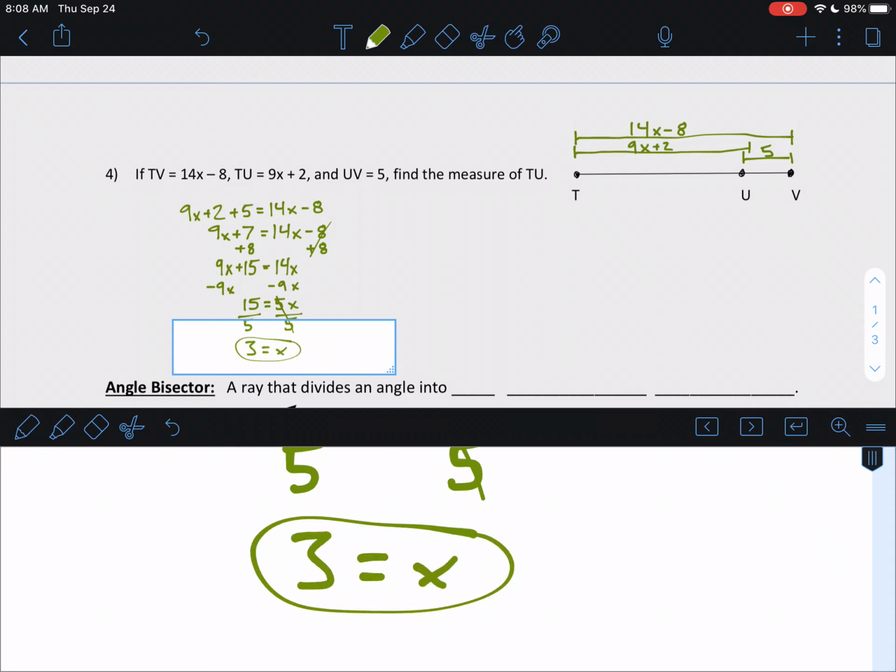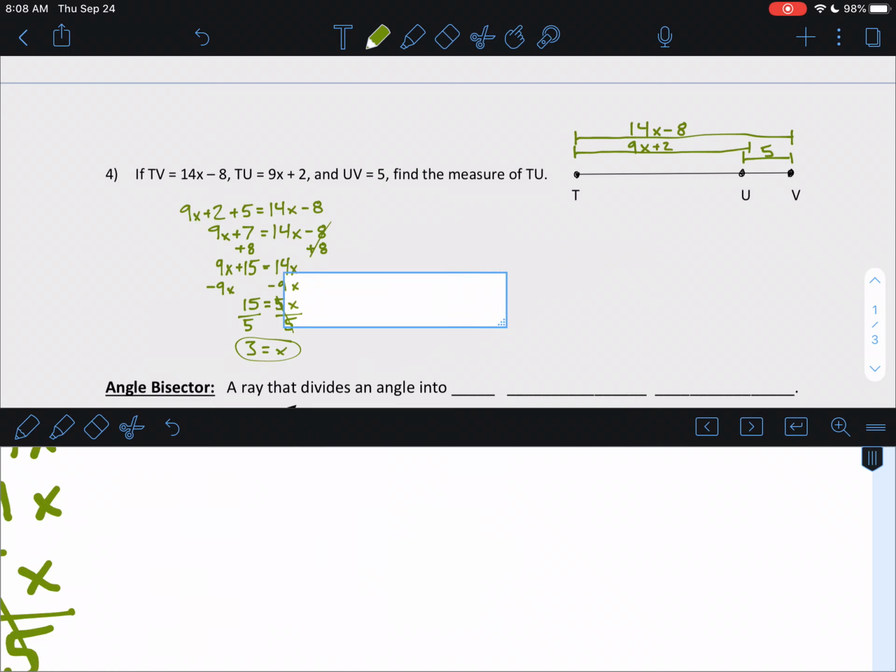And I've said this before, but I'll say it again. This is geometry. We are dealing with the lengths of segments and the measures of angles. We will almost never see negative numbers in this class. So if you solve something and you get a negative number, chances are you're wrong on something. Especially if it's a distance.